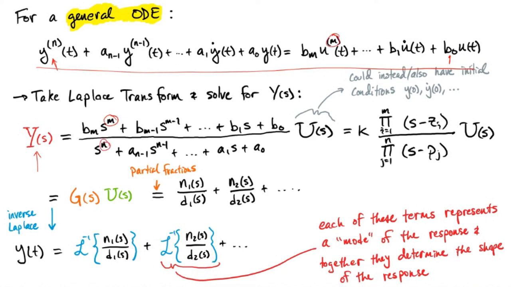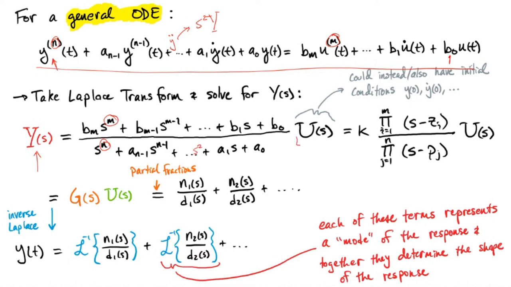The order of the denominator is going to be n, and that's going to be the highest derivative of the differential equation. And so remember, each of these terms, so for example, the y double dot term here, this contributes an s squared times capital Y of s. And so that's going to give us the s squared term down here.